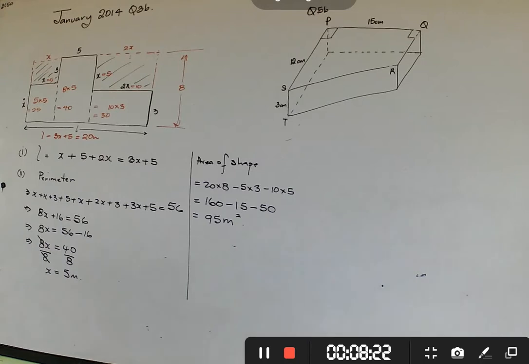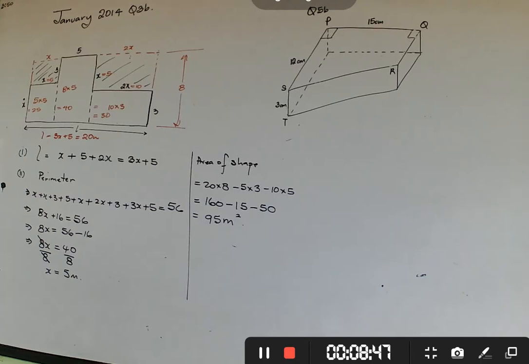We're told that the diagram below, not drawn to scale, shows a block of metal in the shape of a prism. The cross section of the block is a trapezium PQRS with parallel sides QR and PS.